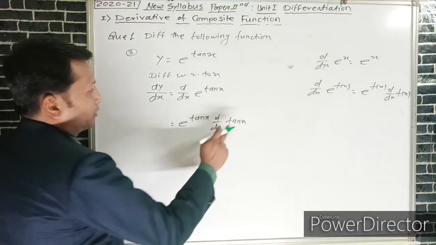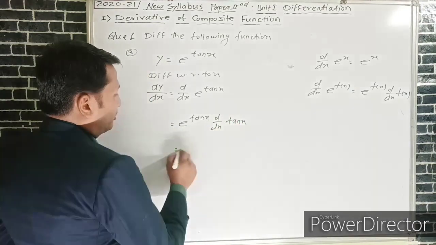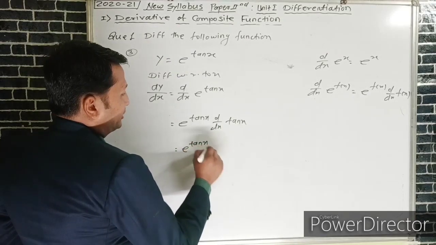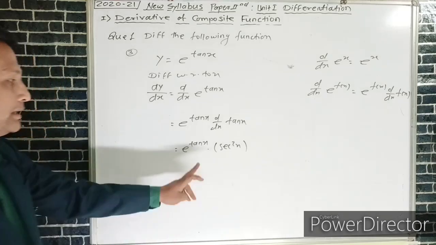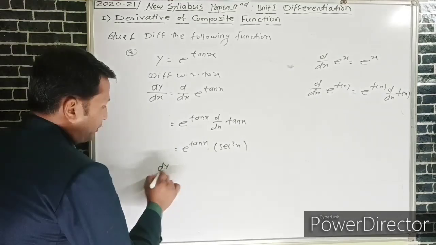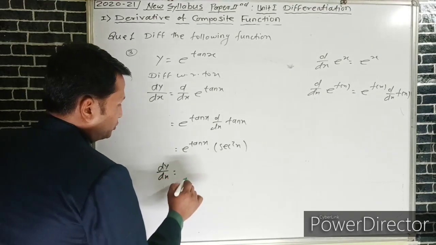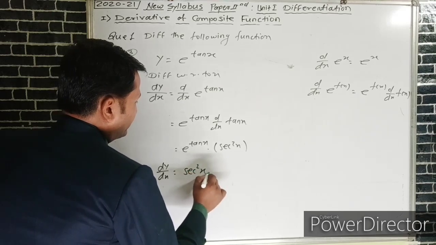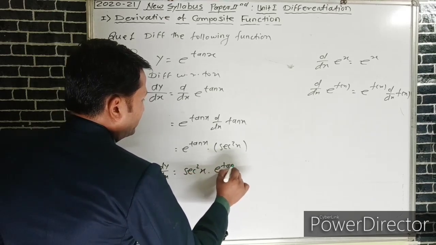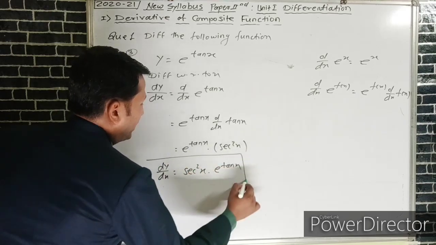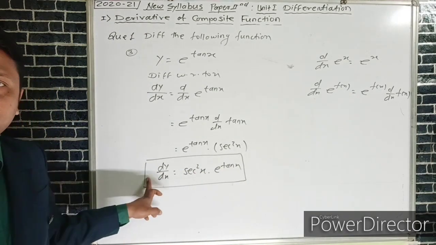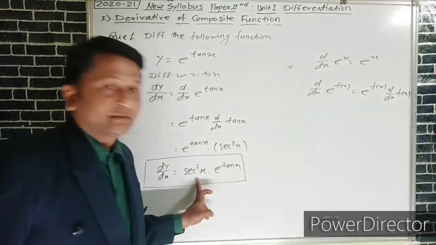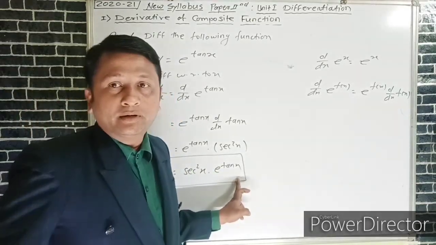And it is clear that we know the derivative of tan x, and the derivative of tan x is sec square x. Simply we can write it dy upon dx is equal to sec square x into e to the power 10x, which is the required derivative of y.